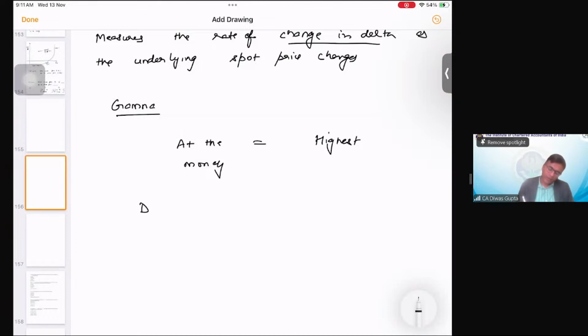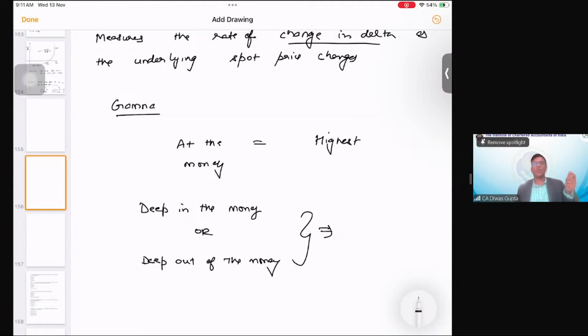But for deep in the money or deep out of the money options, the delta will be, let's say, 0 and -1 or 1, right? And that delta will remain almost similar.